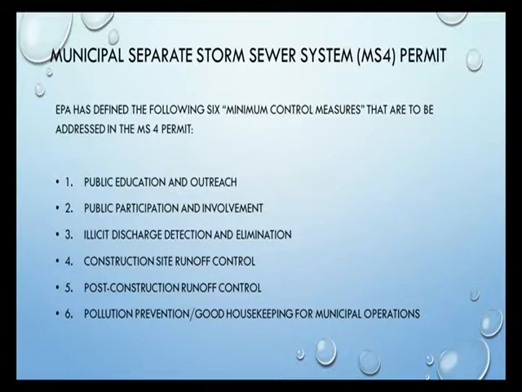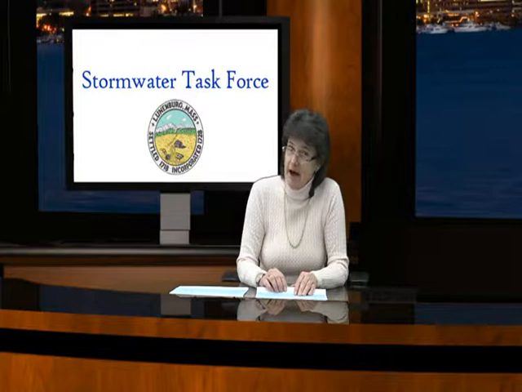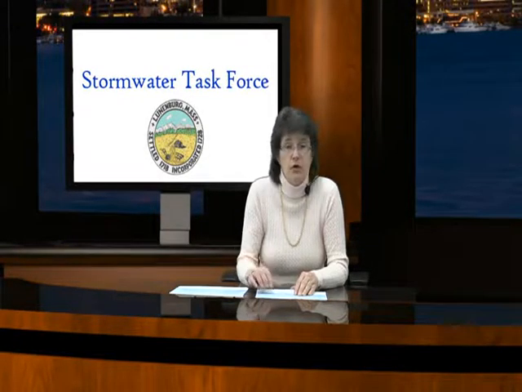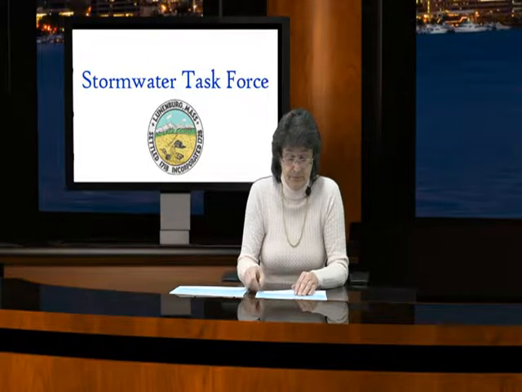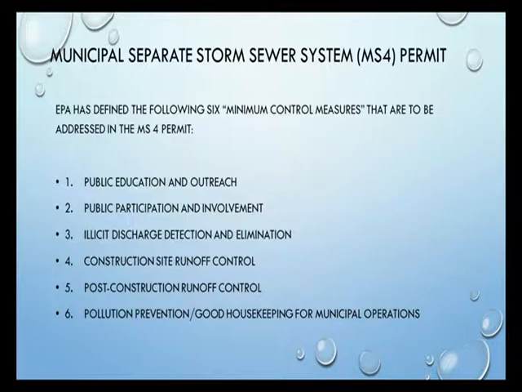Illicit discharge is defined by the EPA as any discharge to an MS4 region that is not composed entirely of stormwater. Home sump pumps would be an example. Construction site runoff control and post-construction runoff control. The last is pollution prevention, good housekeeping for all municipal operations.